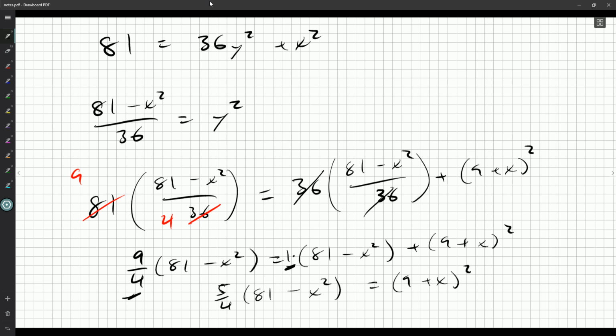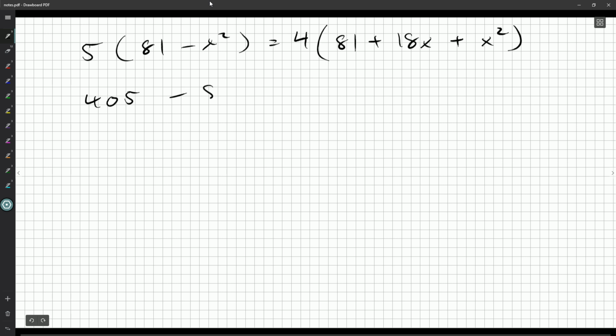Okay, this is probably something we can now work with. So we'll multiply by 4 on both sides. Some of those 81s are going to cancel out. 18x and x squared. So we'll have 405 minus 5x squared is 324 plus 72x plus 4x squared.